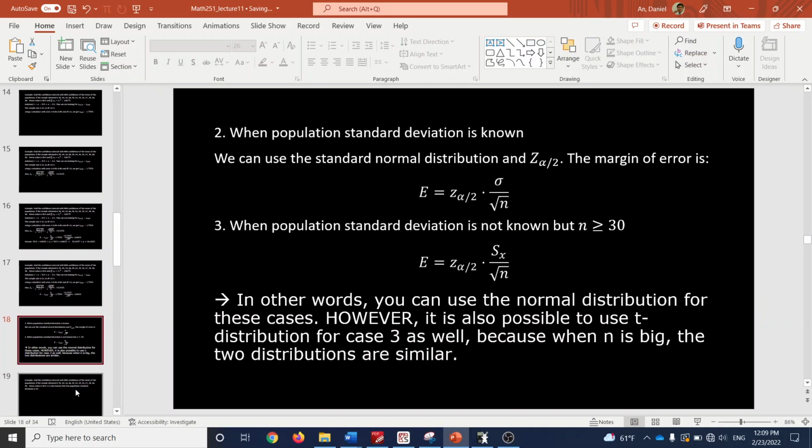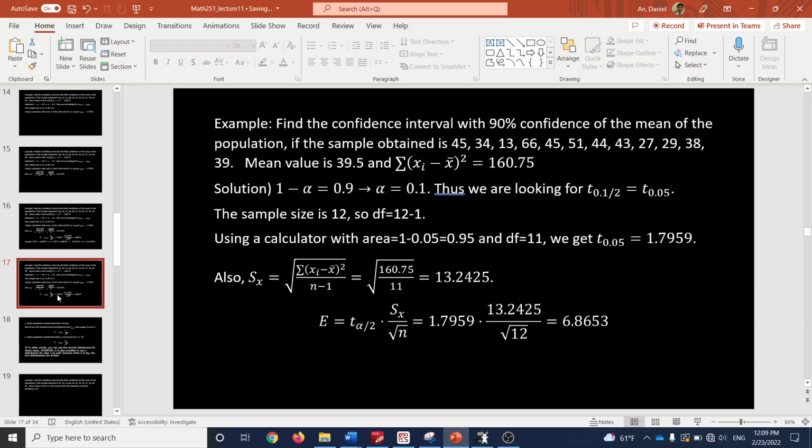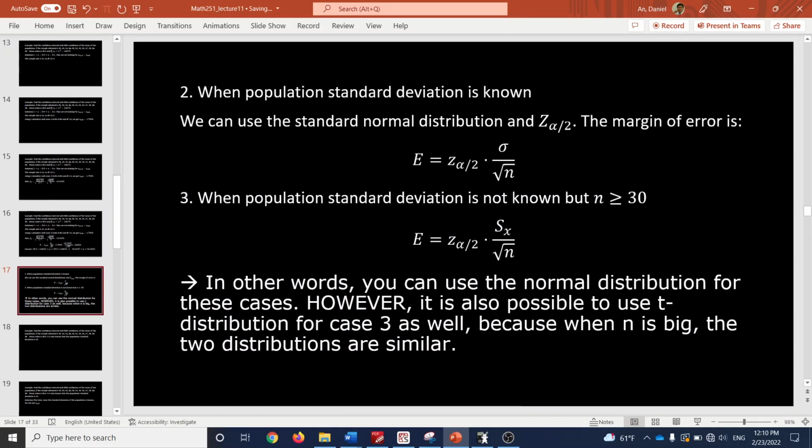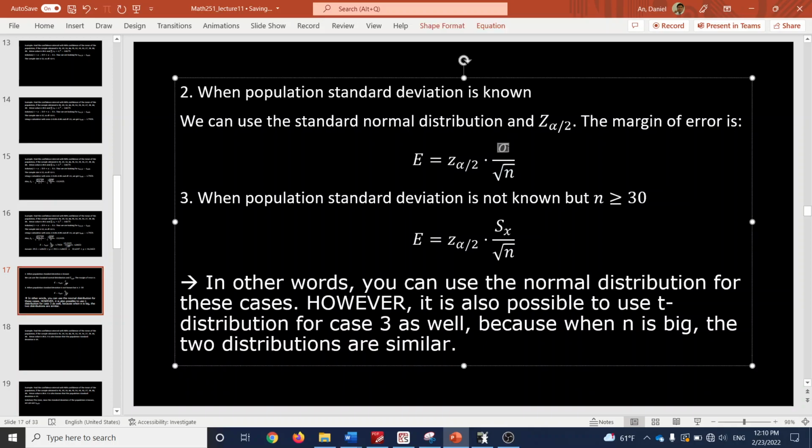Let's see. This shouldn't be there. Okay. All right. When population standard deviation is known, okay, when population standard deviation is known, what do you do? In that case, since sigma is known to us, there is less uncertainty, and you can just use the normal distribution.